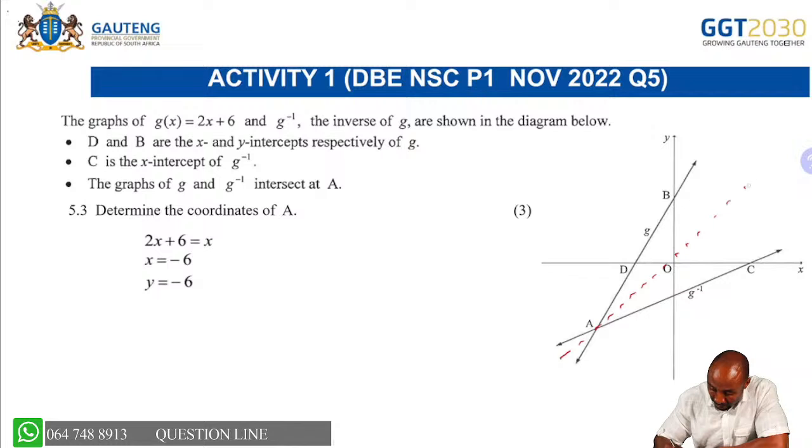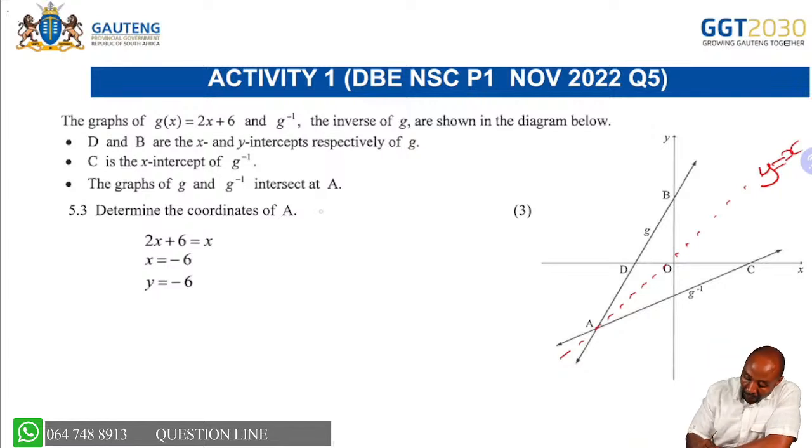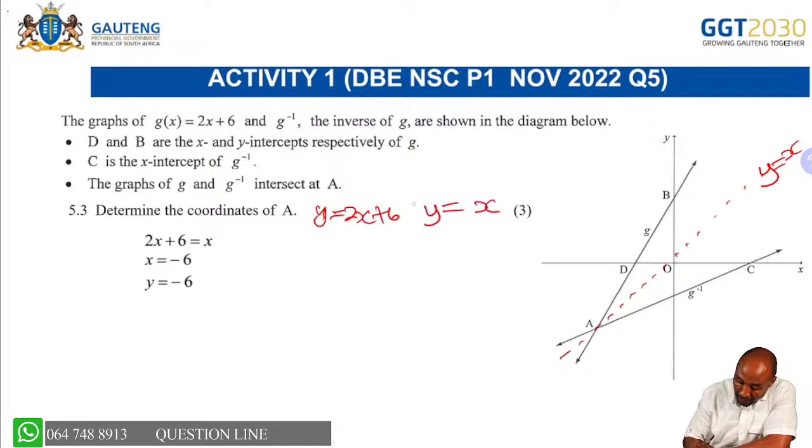Remember, they've included our axis of symmetry, y is equal to x, to make our life easy. So we are going to use y is equal to 2x plus 6 and y is equal to x. This is our equation 1. That one is our equation 2.